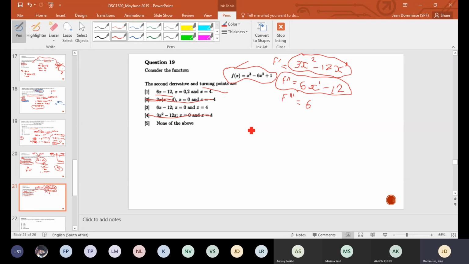Okay, first derivative, and then what do you do? You use the minus b formula. Okay, and how does that minus b formula look?